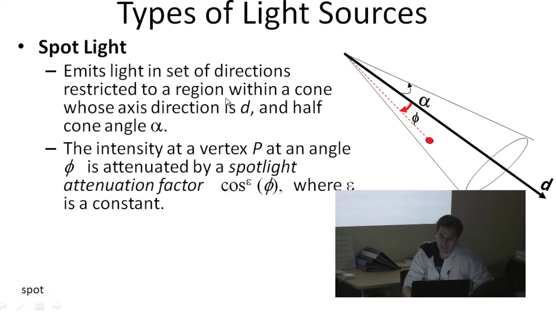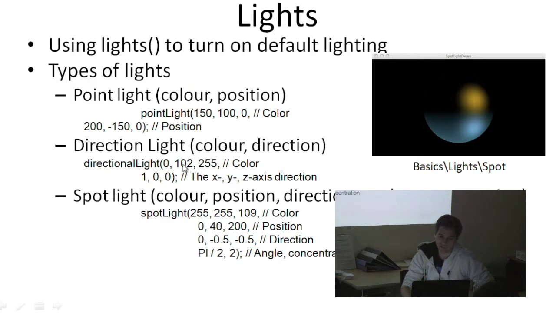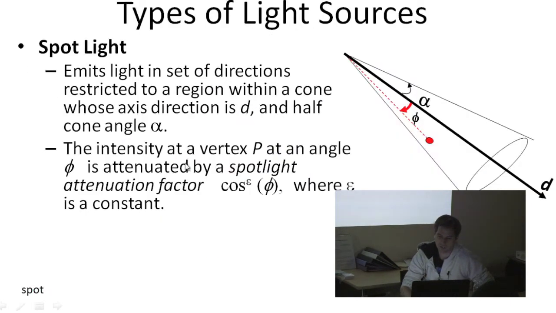So yeah, the point light and direction light are quite straightforward. Spotlight is a little bit more complicated because we have this cone and the axis direction is D and half cone angle is alpha. So we specify how wide the cone is, whether it's really bright or if we get it closer and closer down, it's more like a laser.